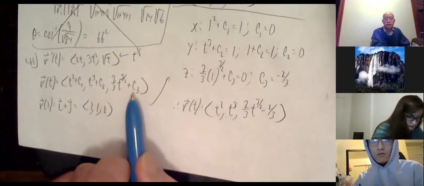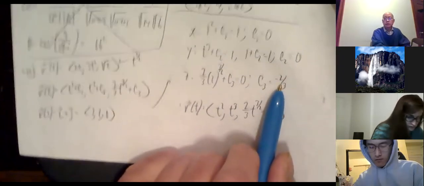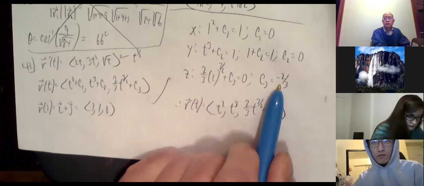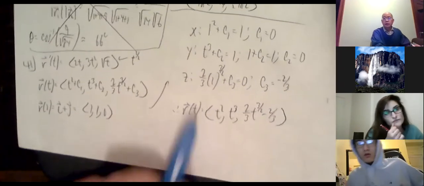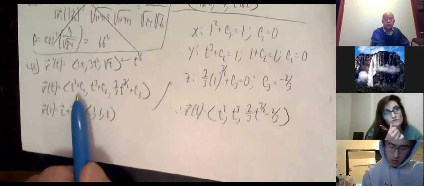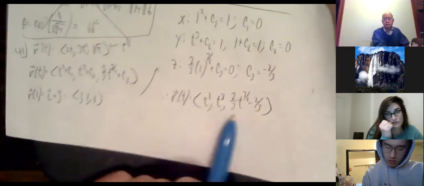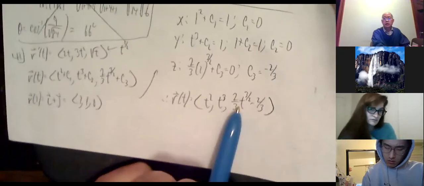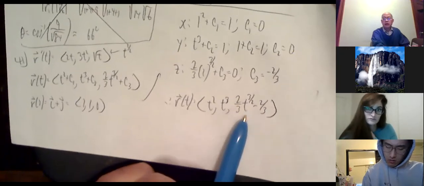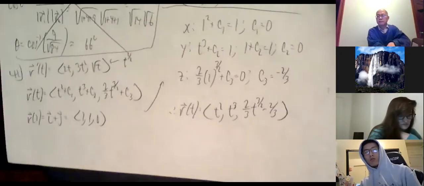So it says 2/3 plus c3 is equal to 0, which means c3 is equal to negative 2/3. So I found the c's. So just put 0 here, 0 here, negative 2/3 here, and we're done. So this is the answer. r of t is t squared, t cubed, and 2/3 t to the 3/2 minus 2/3, final answer. And we're done.